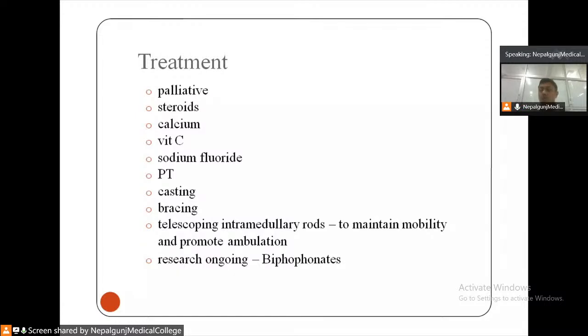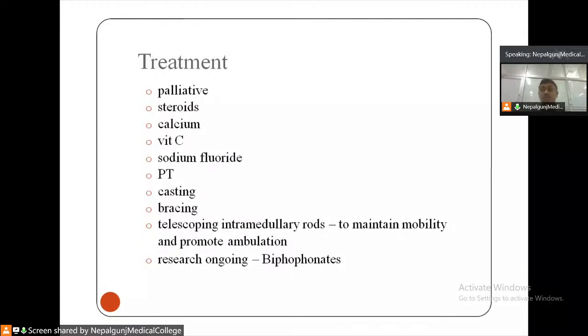And the other thing is the telescopic intramedullary rod. If you suspect osteogenesis imperfecta in a child, even if he doesn't have a fracture, if he has some sort of single cortical fracture, we usually put in a telescopic intramedullary rod. It maintains mobility and promotes ambulation. The earlier you start mobility and ambulation, the stronger the muscles become, eventually leading to increased bone strength as well.